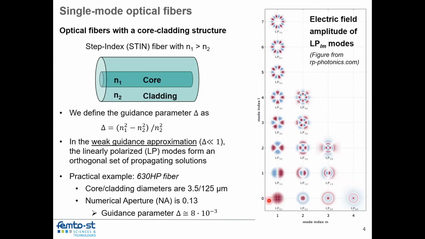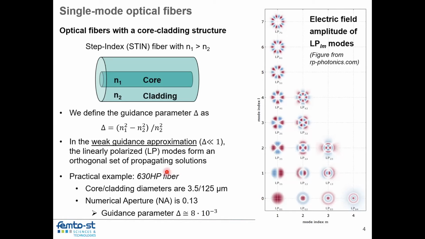This is an orthogonal set of solutions, so you have all these different LP modes, which are higher order modes, and their structure is defined by Bessel functions. We are interested in the conditions that give us the fundamental mode propagating.